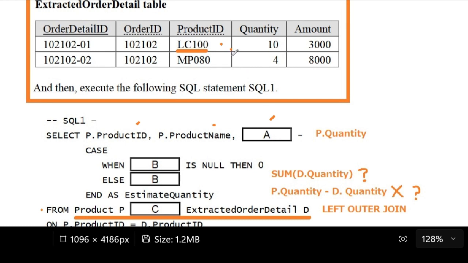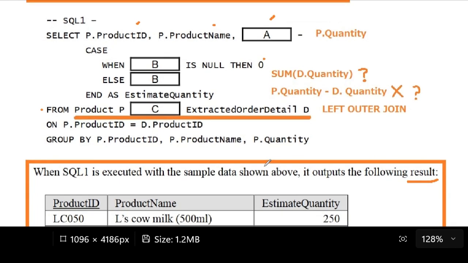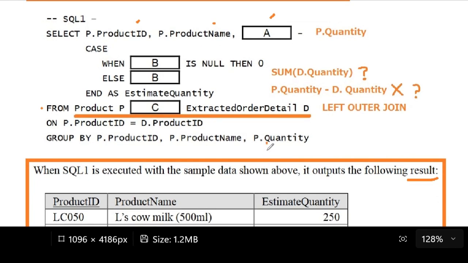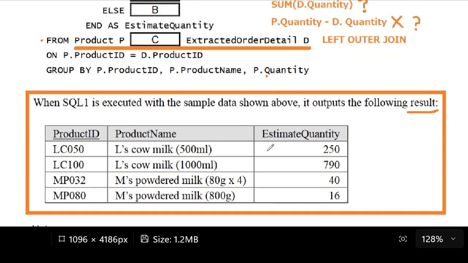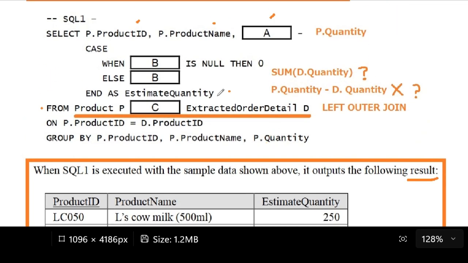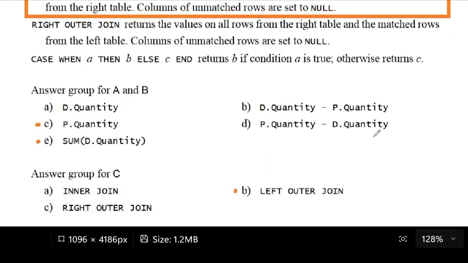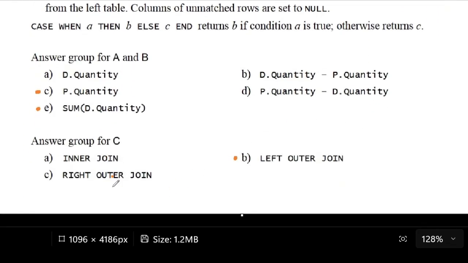Okay, all right, so given that, I think there's another part here where for letter C we have to choose left outer join. Among the choices, if you look at the available answers, we have inner join, right outer join, left outer join.